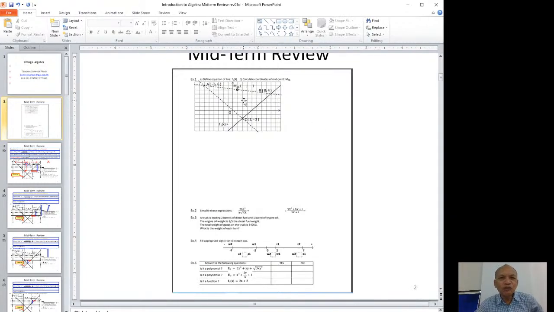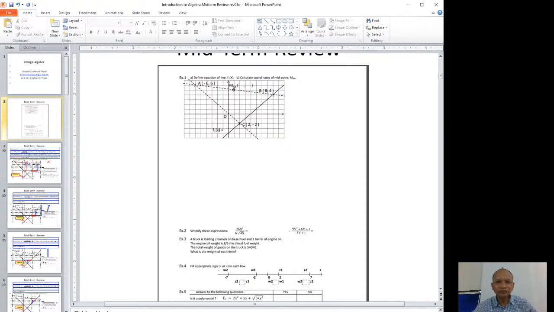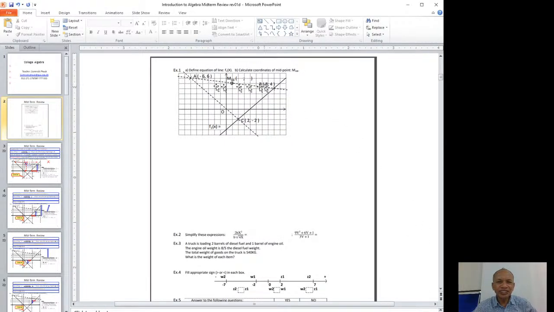First, exercise number 1 is define the equation of the line f(x), and B, calculate the coordinate of the midpoint. It can be midpoint AB, midpoint AC, or midpoint BC. So we have three lines here, but the most important line is the solid black line, that you have to calculate the line equation of.